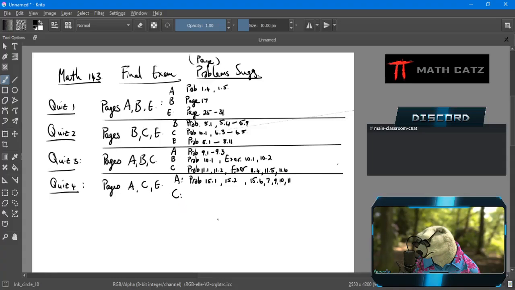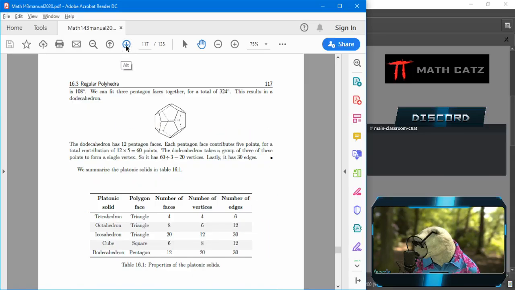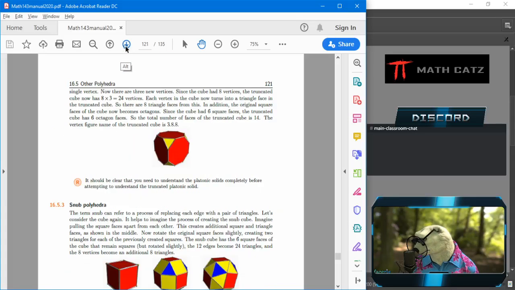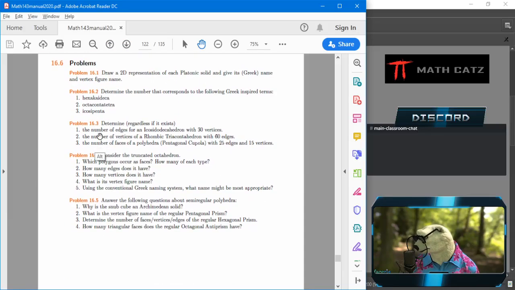And then C is platonic solids. There aren't any problems. Let me double check when it comes to the platonic solids. Maybe there are, but the problems here in chapter 16 are more guides of the kind of questions.